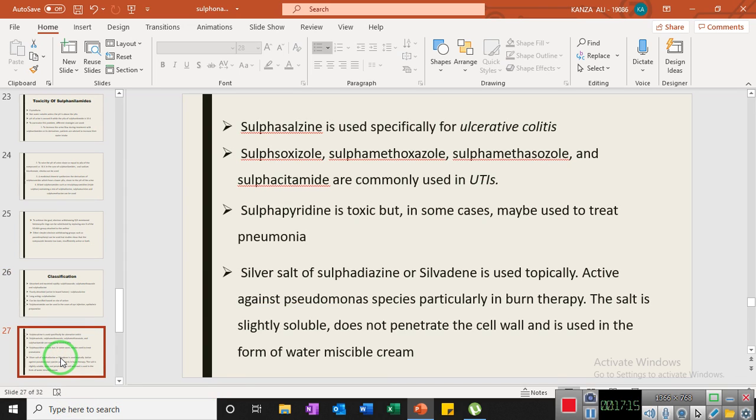Sulfasalazine is used specifically for ulcerative colitis.